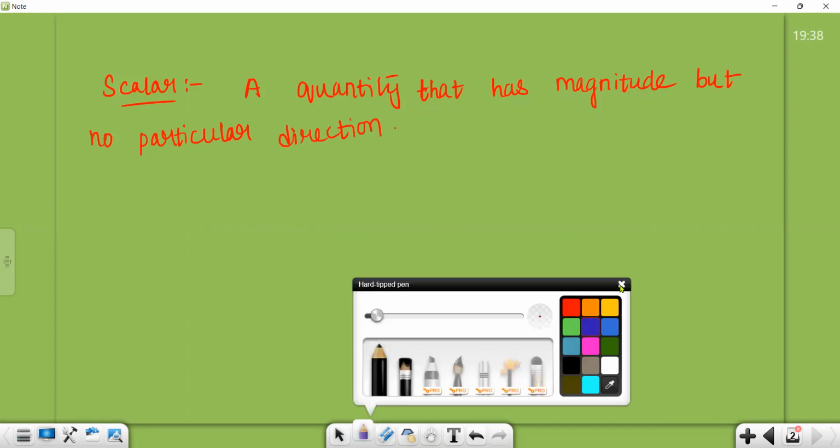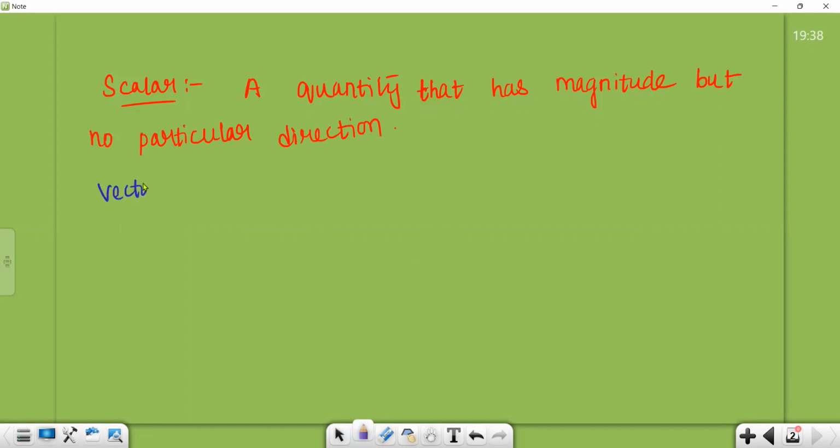Then the next term is vector. Vector is which has magnitude and direction, both.